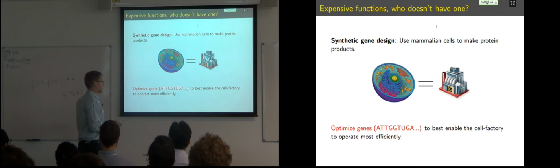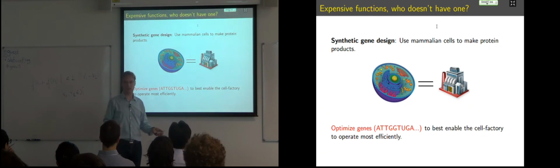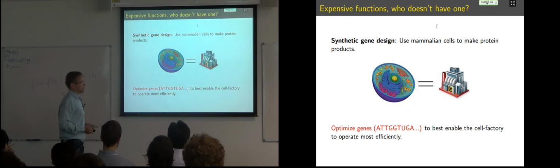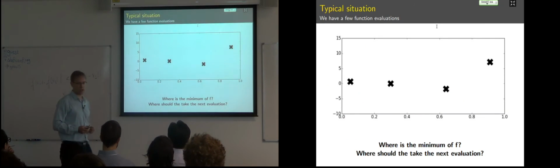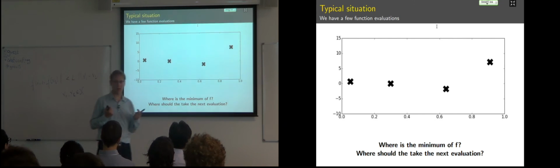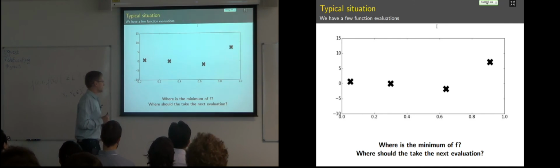So these are three examples, but of course there are many others. The common idea is that everything is very expensive to evaluate, and that's why we need to use a heuristic that will solve the problem for us instead of doing the grid search that we were commenting on before. So this is probably the most important slide of the talk.